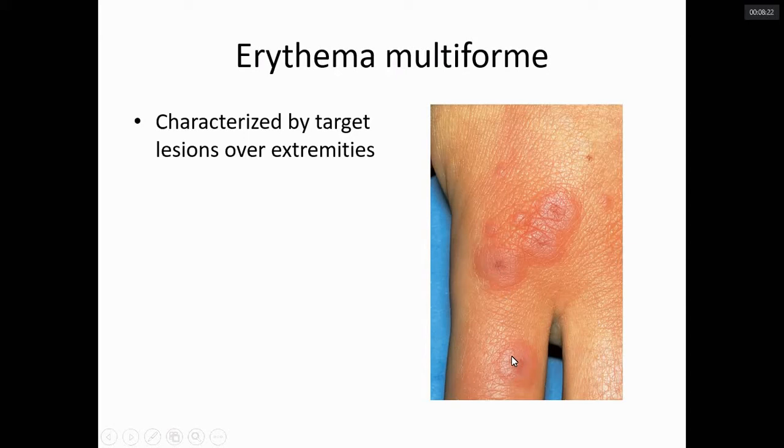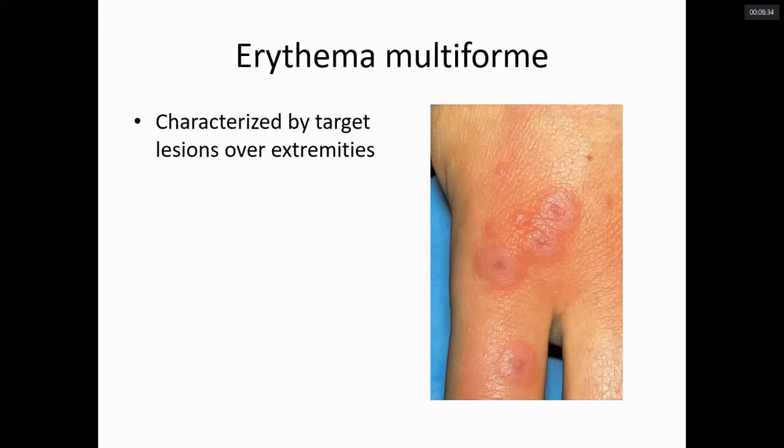It is surrounded by a pale area, and then surrounded by an erythematous halo. This is a typical target lesion containing three zones. Erythema multiforme is also seen in drug reactions, but it can be seen in other infections also, like herpes simplex virus infection and mycoplasma pneumoniae infection.